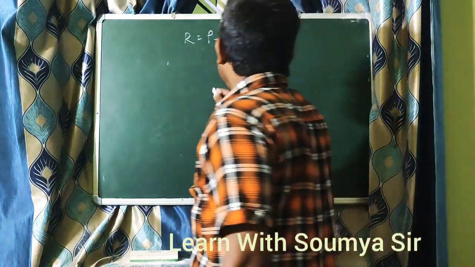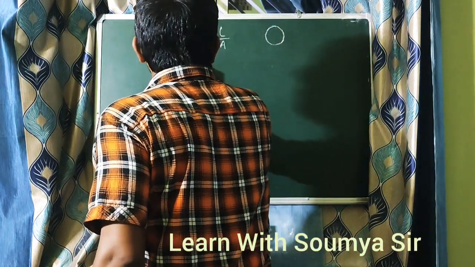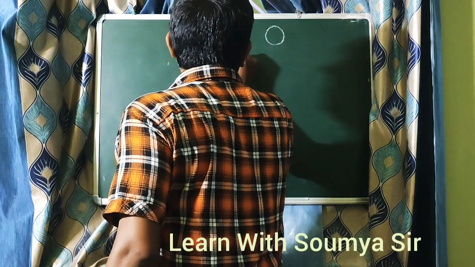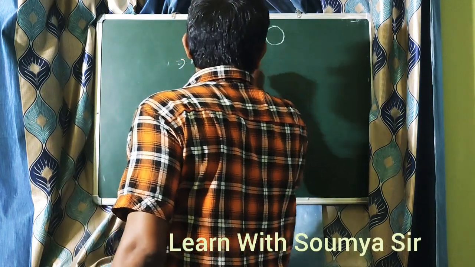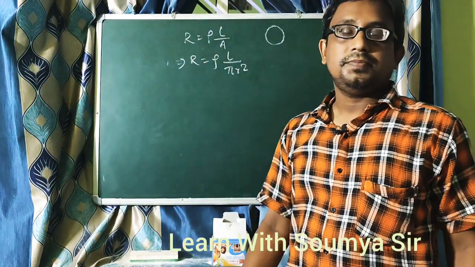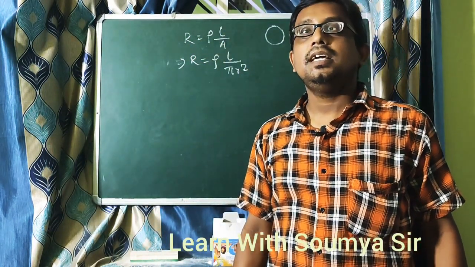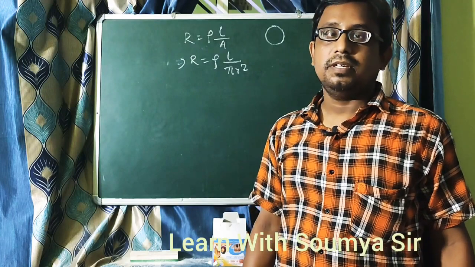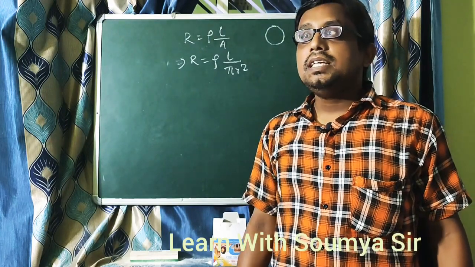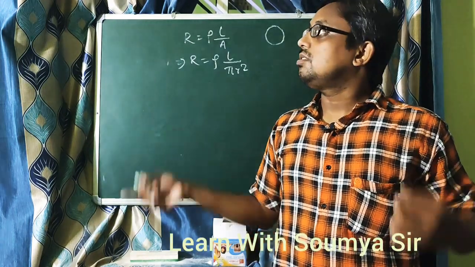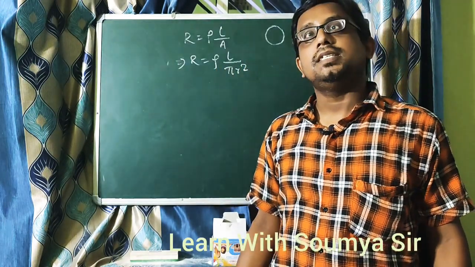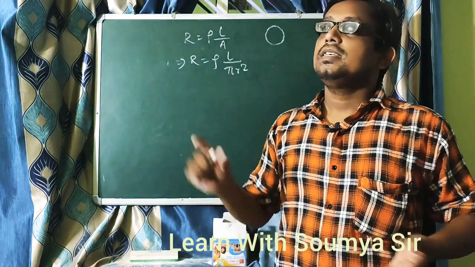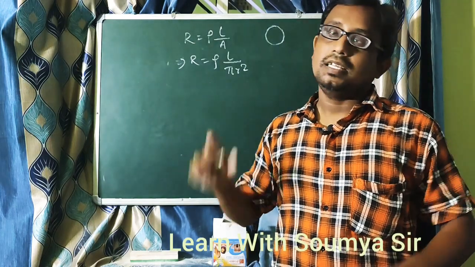As a result, we can write R = ρL divided by the area of the circle, which is πr². That means if the radius of the circular area changes, obviously the resistance of the conductor will change.